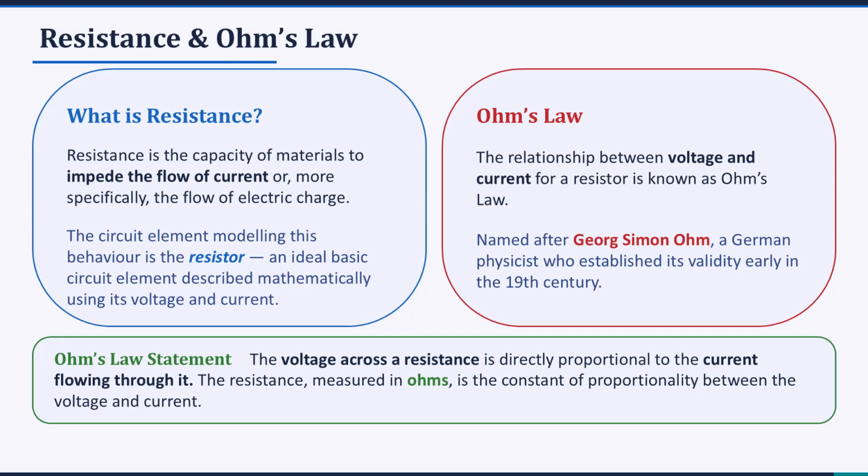Named after the German physicist Georg Simon Ohm, who established its validity in the early 19th century, Ohm's law tells us the voltage across a resistance is directly proportional to the current flowing through it. The constant of proportionality is the resistance itself, measured in ohms. This is the golden triangle of circuit analysis: voltage, current, and resistance. Learn these three and their relationship, and you have unlocked the gateway to all of circuit theory.